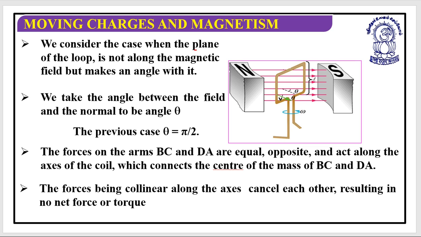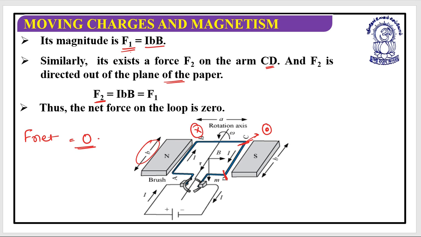So we consider the case when the plane of the loop is not along the magnetic field but makes an angle with it. In the first situation, the plane of the loop and the magnetic field were at the same angle, that is theta equals 0 degrees.